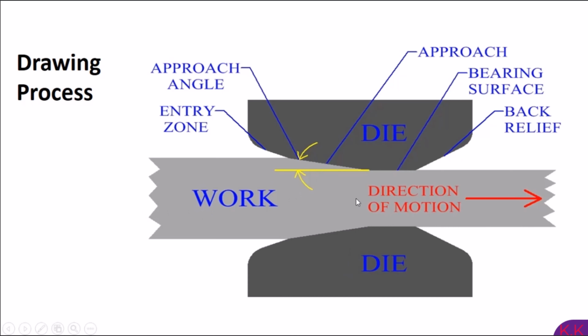This is the action of motion, and then we will get our desired shape. Let's suppose we are reducing the diameter of a rod in a wire-making machine. On one side the diameter is larger, and on the other side we get the exact diameter we want. This is an extrusion process.